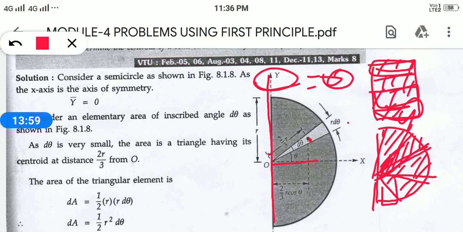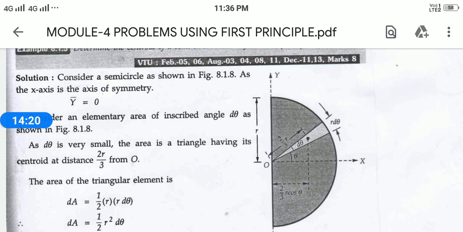So that the horizontal distance will be equal to 2 by 3 r into this theta. It's closer to the horizontal, so I am taking 2 by 3 r into cos theta. This distance is called r into d theta. What is r? R is your total radius. So r into d theta.